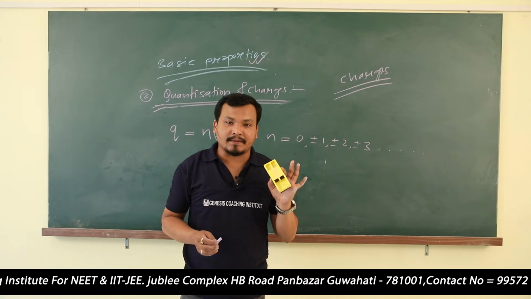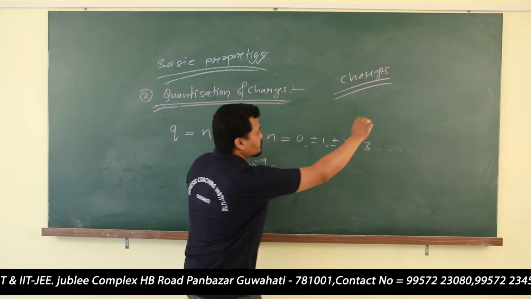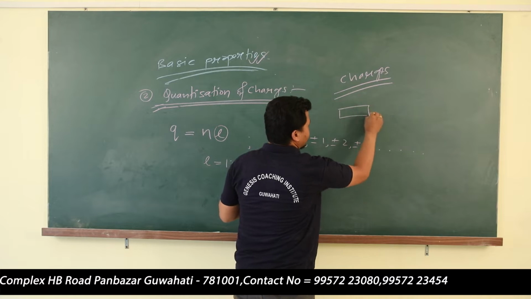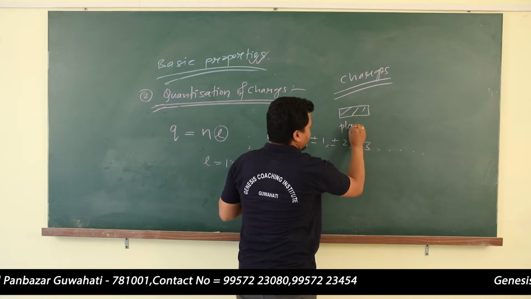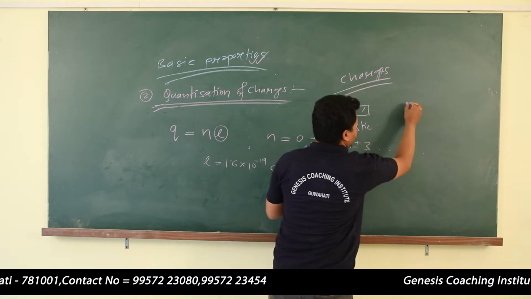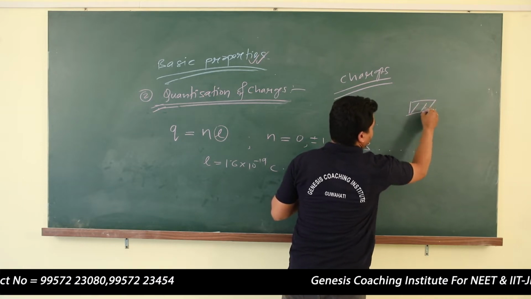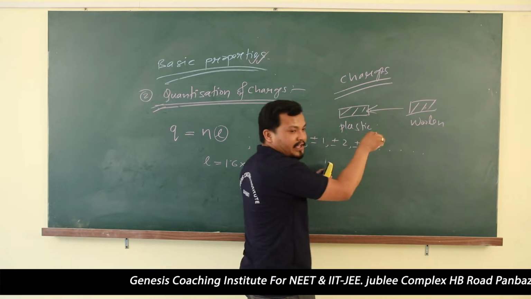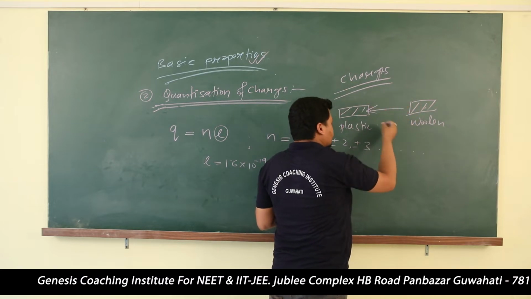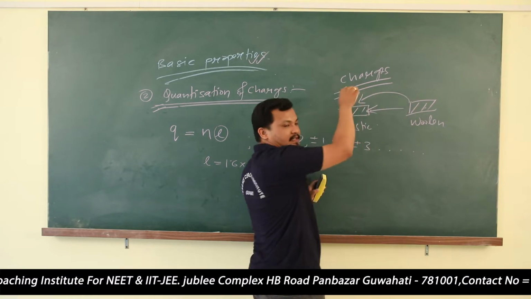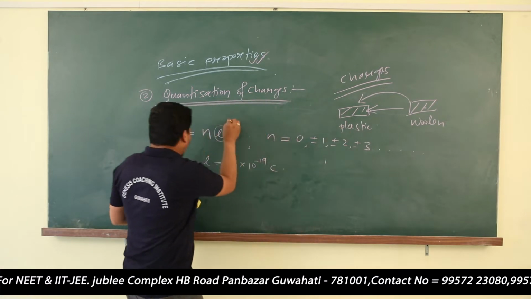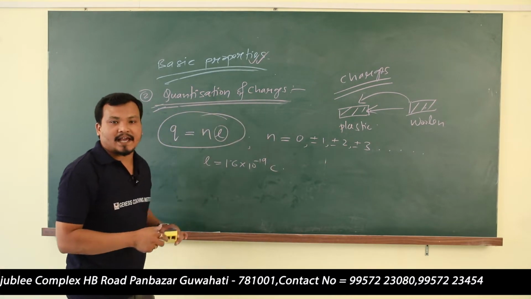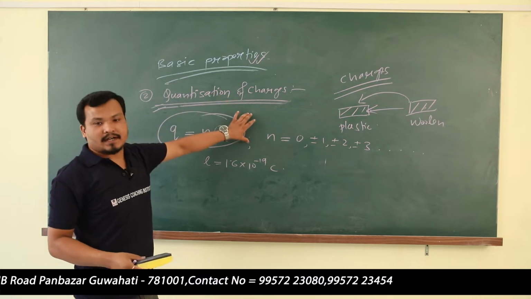So during rubbing, suppose this is our plastic, suppose this is our woolen cloth. While rubbing, the charges flow from woolen cloth to plastic according to this property, that means according to the quantization of charge.